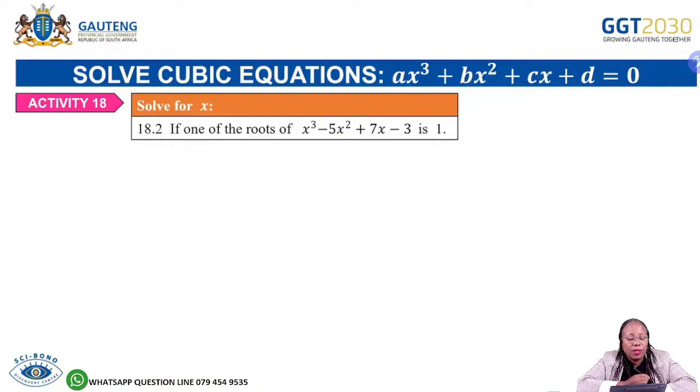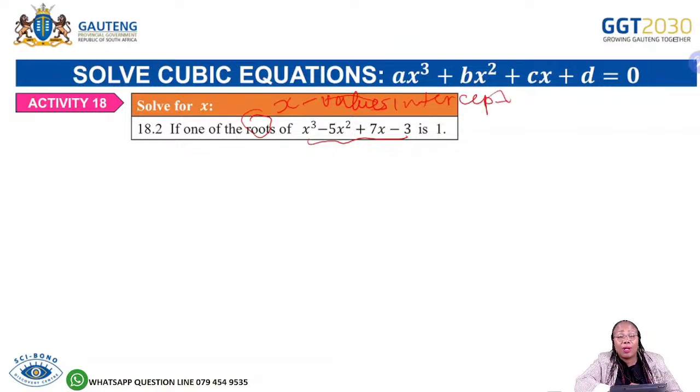All right, continue. The next activity. Solve for x if one of the roots of this. Remember, when you talk roots, you are talking about the x values. One of the roots, the x-intercept of this function, is equal to 1.